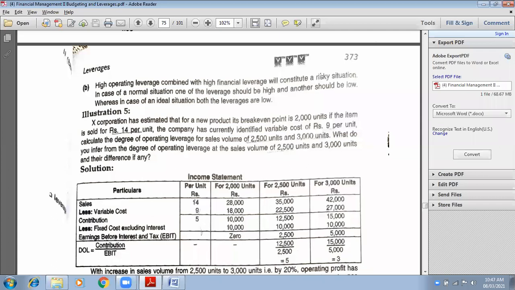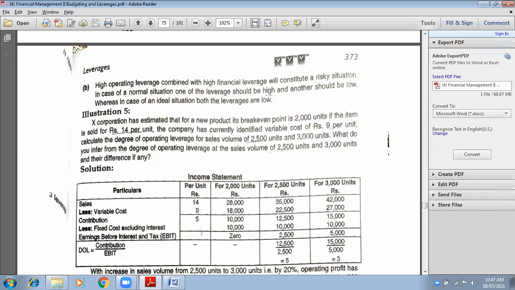When will it be a risky situation? When both leverages are high. It is known as a normal situation when either of them is high and the other one is low. Suppose the degree of financial leverage is high and the degree of operating leverage is low, or vice versa.